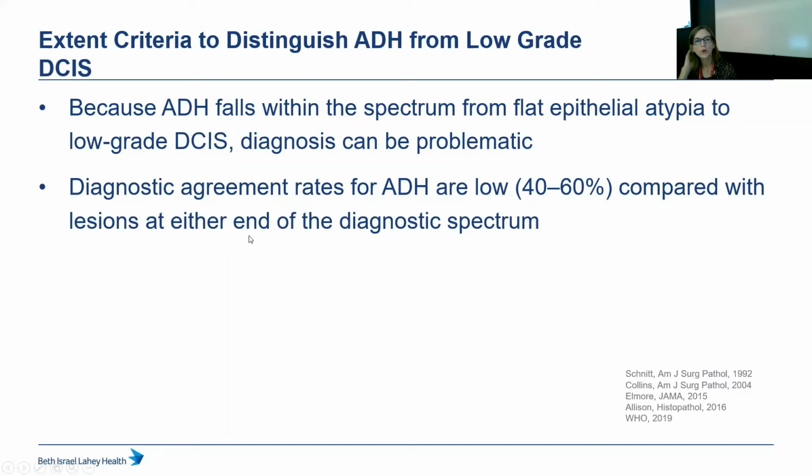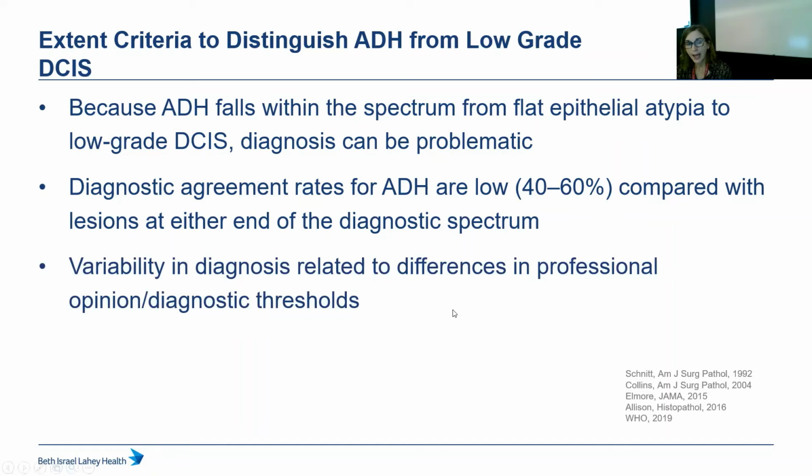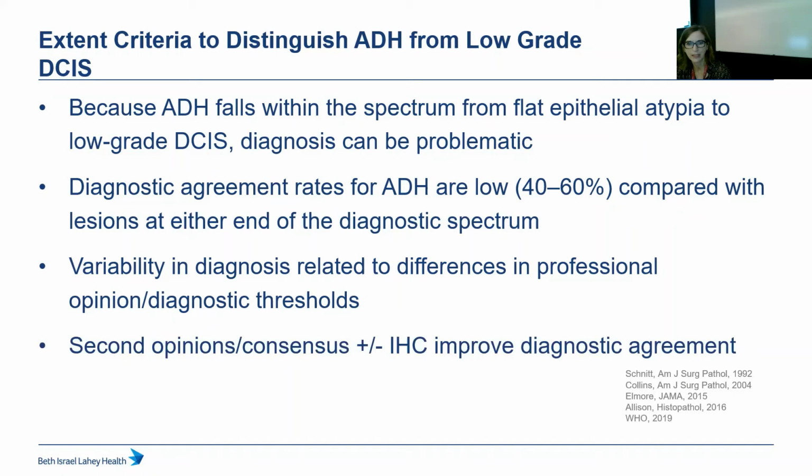And we know that the disagreement rates for ADH, well, I suppose the disagreement rates are high, but the agreement rates are low, of about 40 to 60% compared with lesions at either end of the diagnostic spectrum, in which we have very good agreement, greater than 90%. And it's also been demonstrated that variability in diagnoses are related to differences in professional opinion and diagnostic threshold practices.